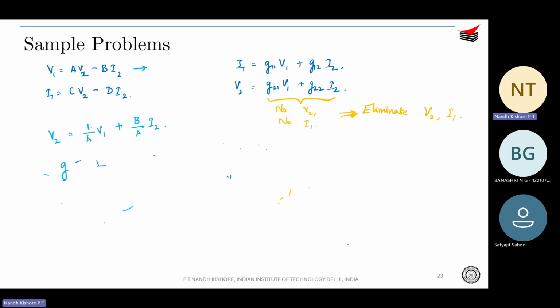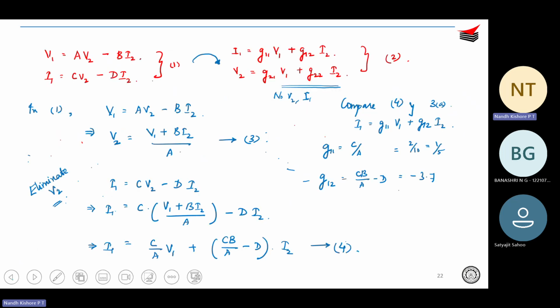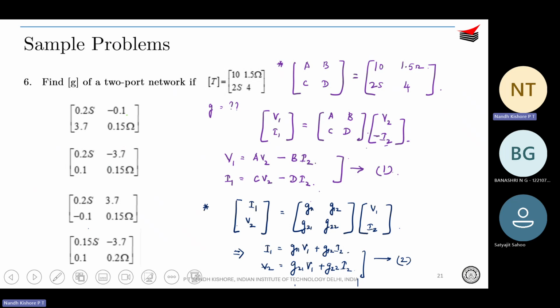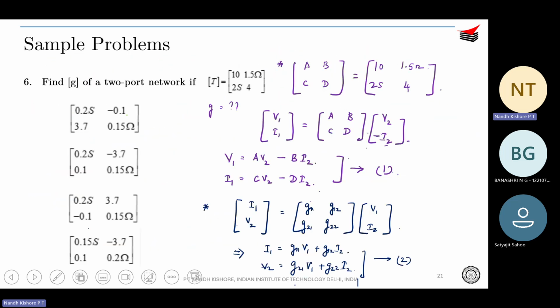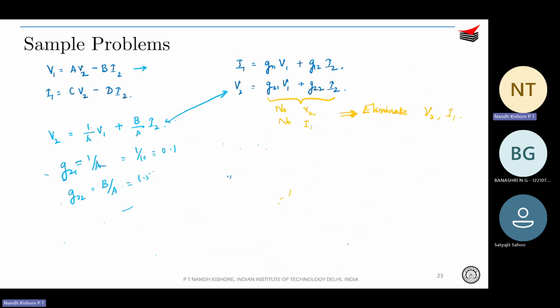So you compare this and this, and you understand that G21 is equal to 1 by A and G22 is equal to B by A. Okay. So 1 by A is basically 10, so 1 by 10, which is 0.1, and B by A, B is 1.5, so 1.5 by 10, which is 0.15.